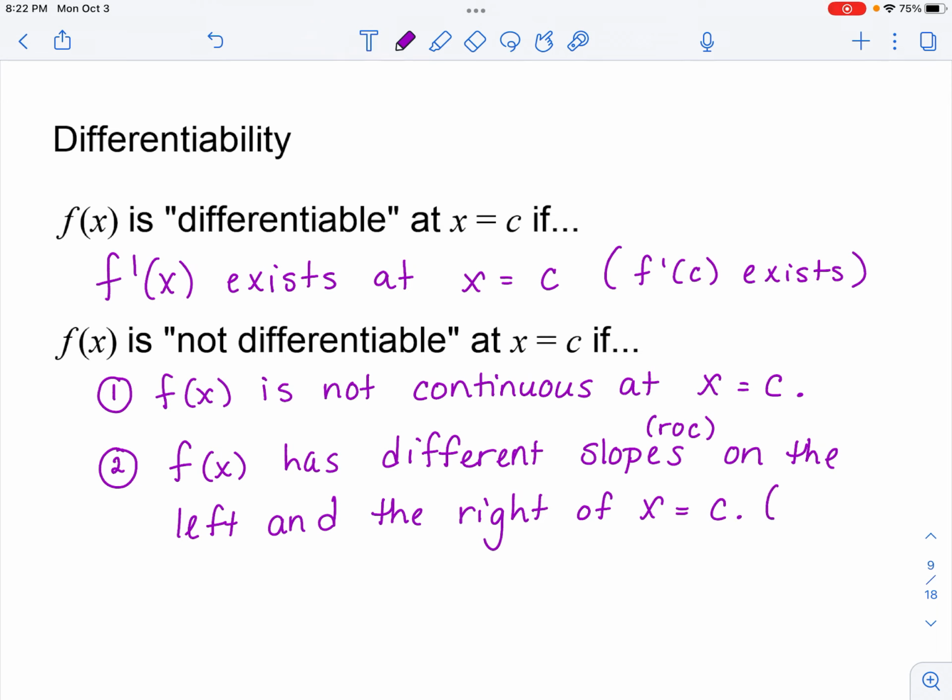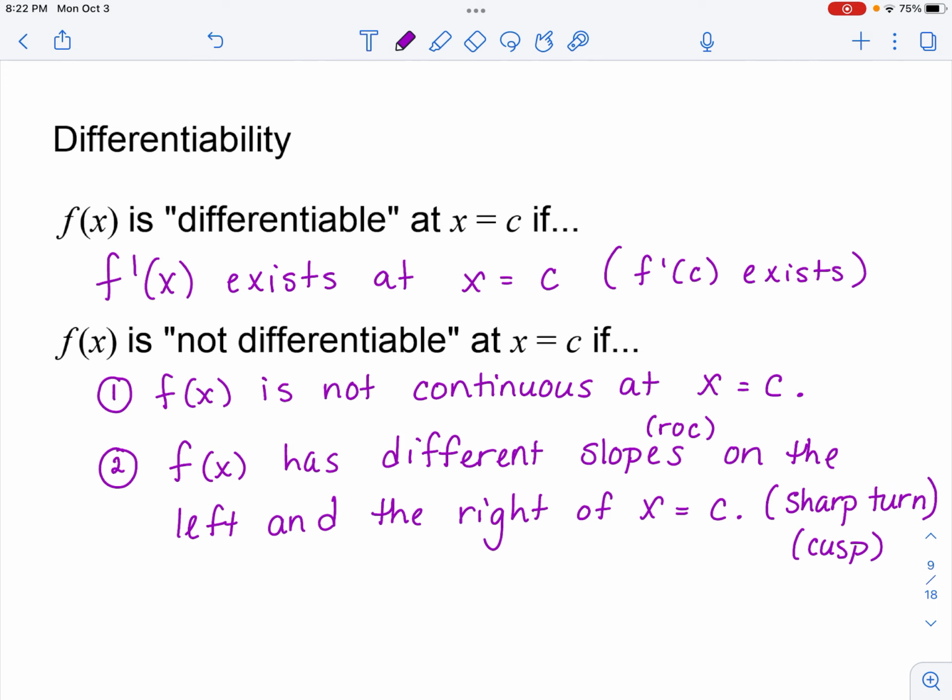Okay? Which means graphically we're looking at what we refer to as a sharp turn or a cusp. A cusp. Okay? And we'll see graphically what that means.